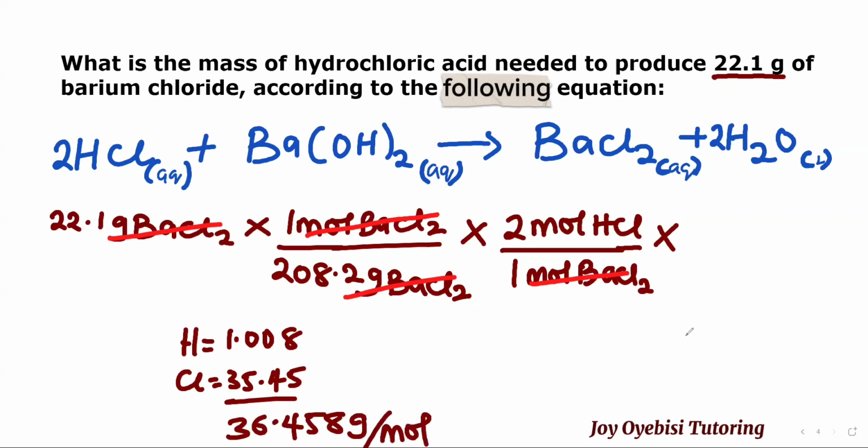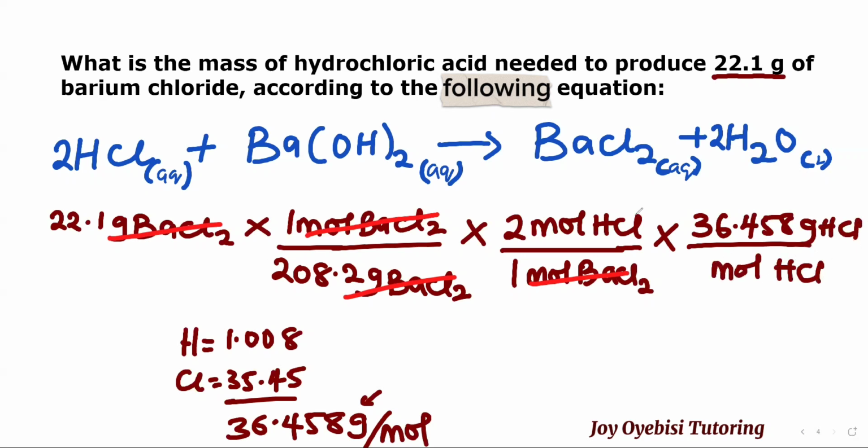Now for this one, since we want the grams, we keep the grams on top. So you're just going to have times 36.458 grams over mole of HCl. This would cancel out. And then you can see here we have grams of HCl, and that's what we want.